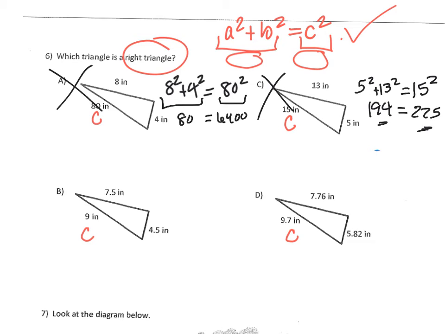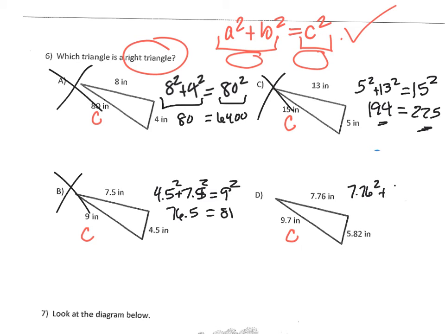Not going to be C. For B, 4.5 plus 7.5 squared, does it equal 9 squared? So 4.5 squared plus 7.5 squared gives me 76.5, and 9 squared, 9 times 9, I know is 81. Close, not the same. So it has to be D, but let's just double check.